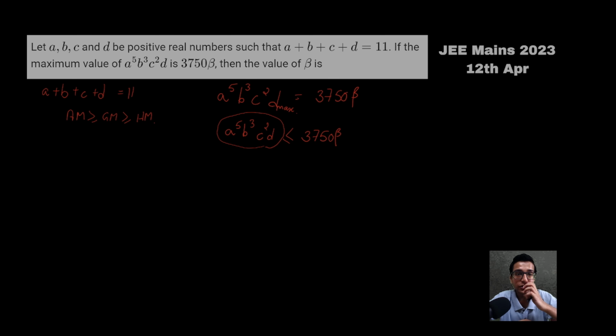So we need to divide a in such a way that whenever we multiply it, we get a to the power 5. That means we need to divide a into 5 parts. So let us write this a as a by 5 plus a by 5, and so on. We've divided a into 5 parts.